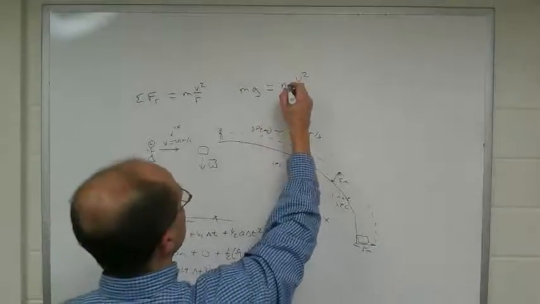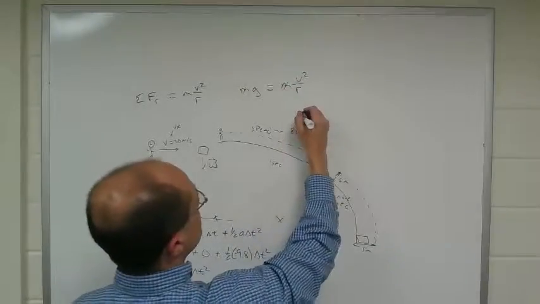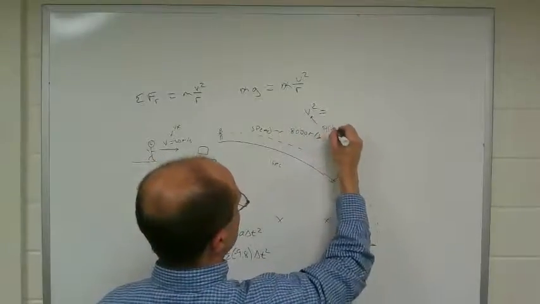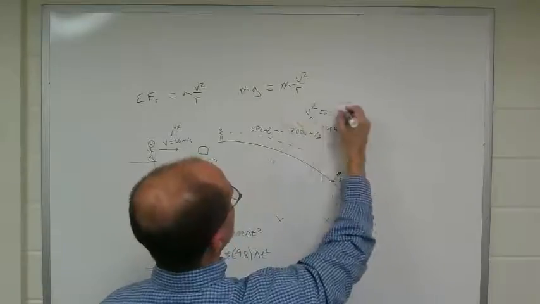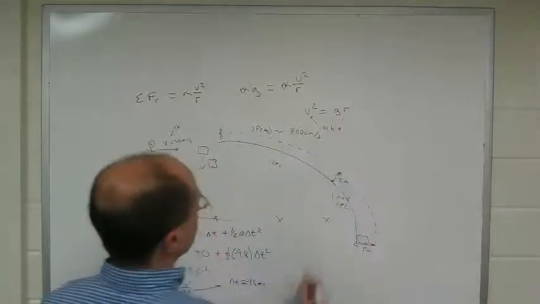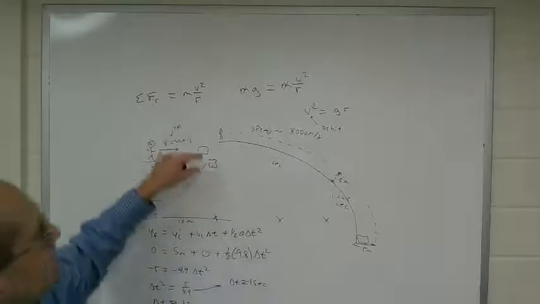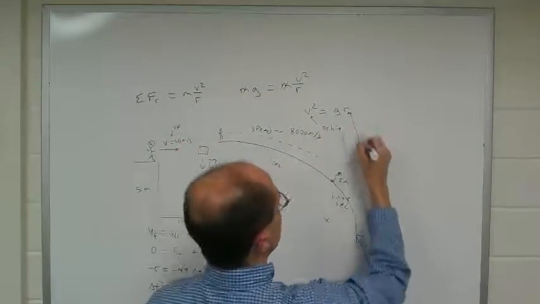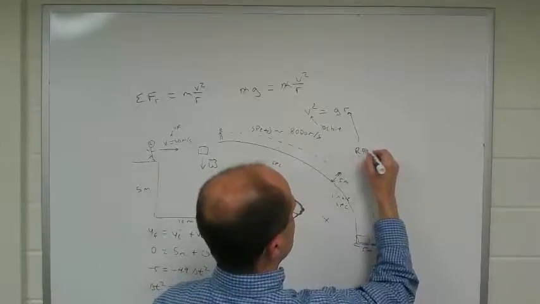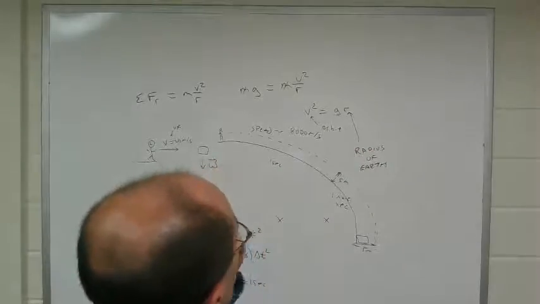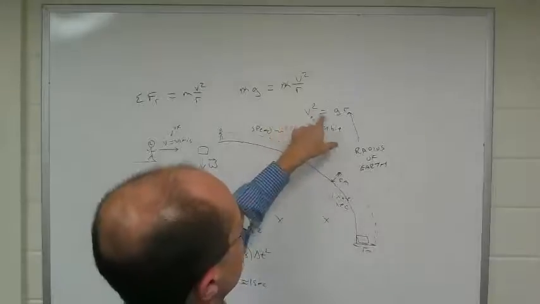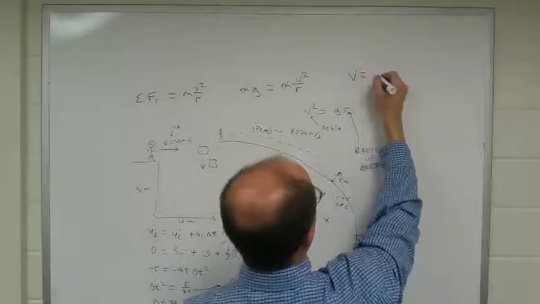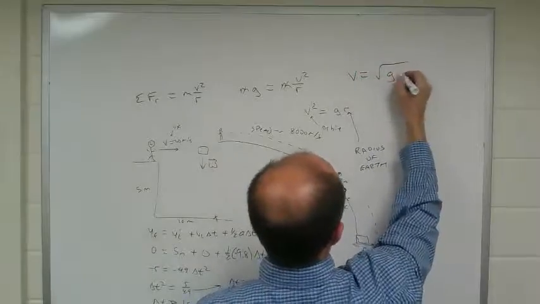So we can cancel our m's, and we see that v squared for an orbit is equal to g times r. And in this case, r is roughly the radius of the Earth. So the speed needed to orbit goes as v squared equals gr, or in this case, v equals the square root of g times r.